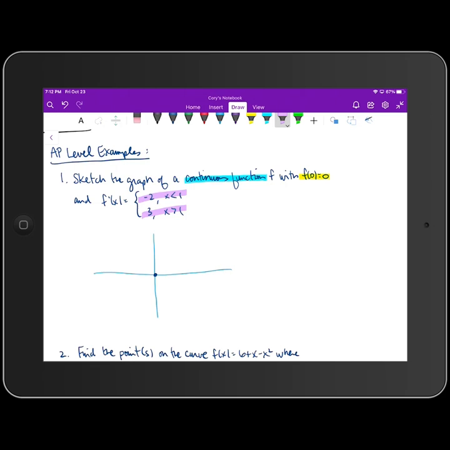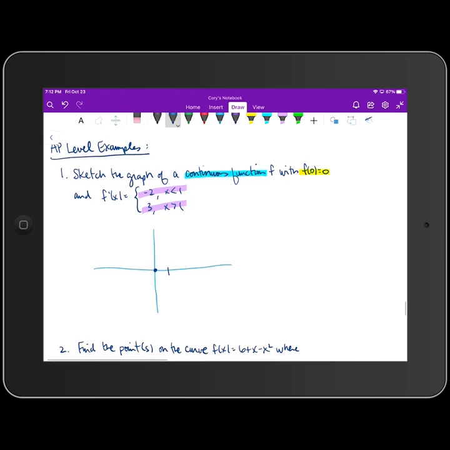When x is less than 1, our graph has to have a slope of -2. So if I want to go from the point at 0, 0 to our point on the graph at x equal to 1, I have to draw my segment with a slope of -2, which means I go down 2 units and run 1 unit to get to that point.